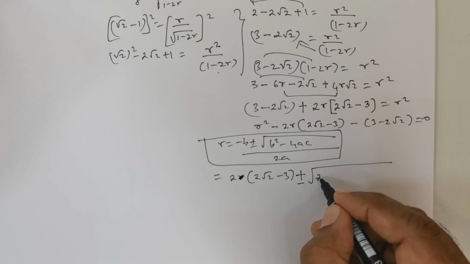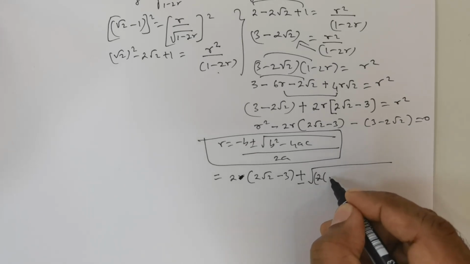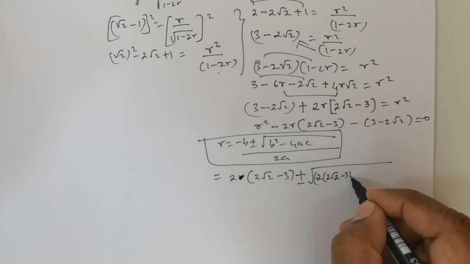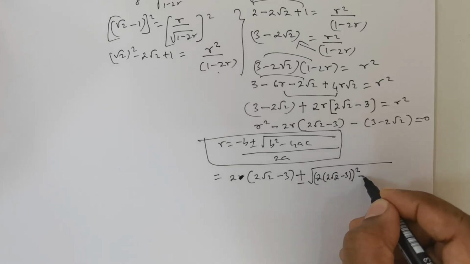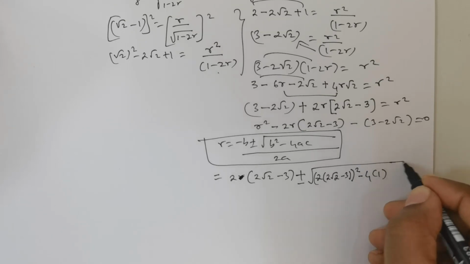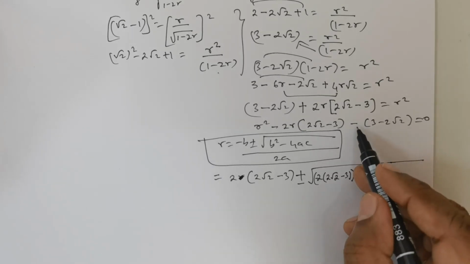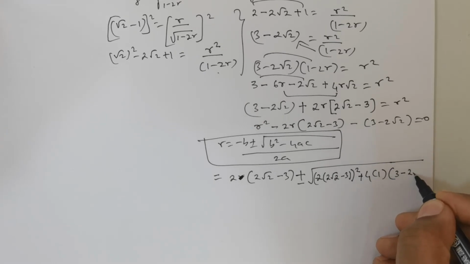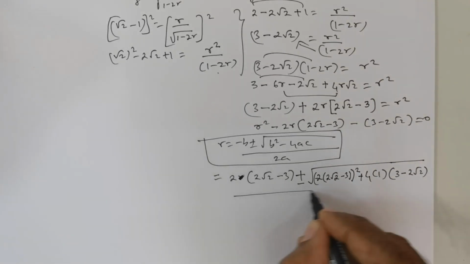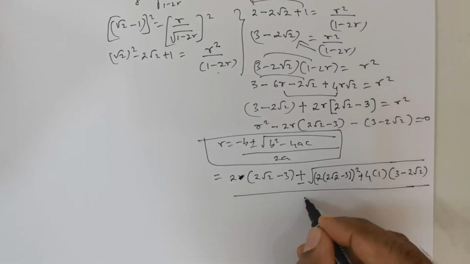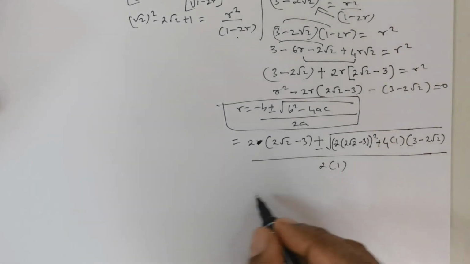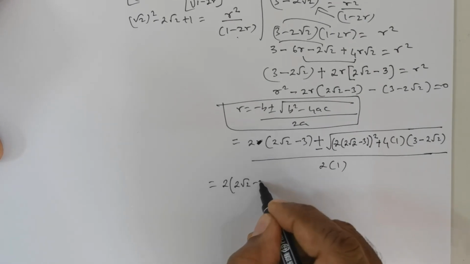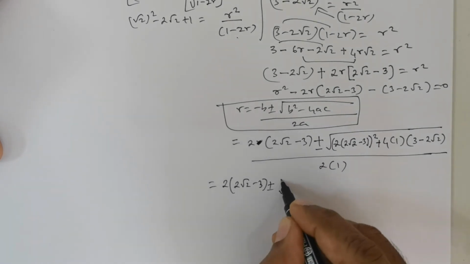So this is going to be negative of 2 times (root 2 minus 3). You take the square of this, minus 4 times a, which is 1, and you have a negative sign in c, so this is going to be plus. So this is 3 minus 2 times root 2, divided by 2 times a, which is 1. So this is equal to 2 times (2 root 2 minus 3) plus or minus.